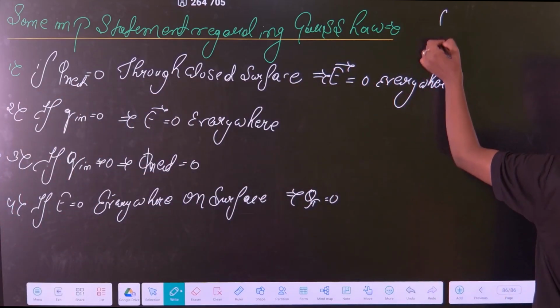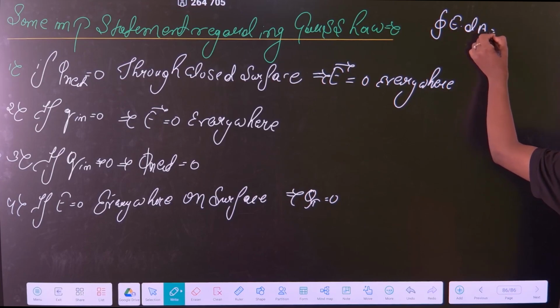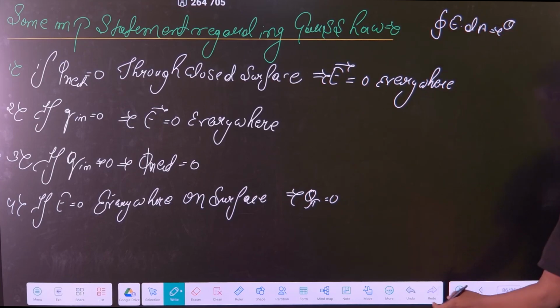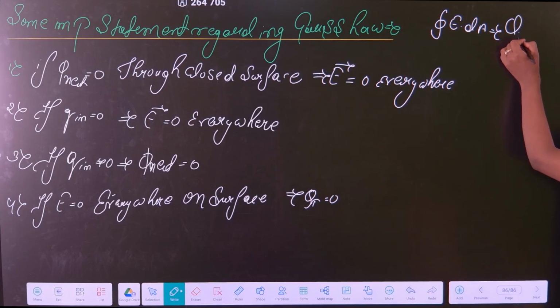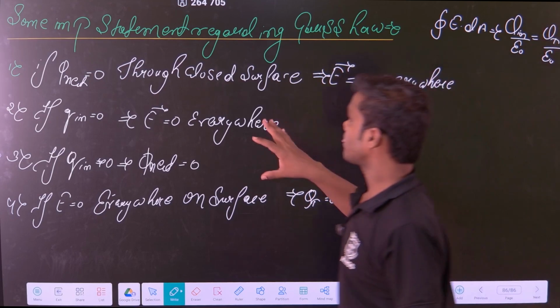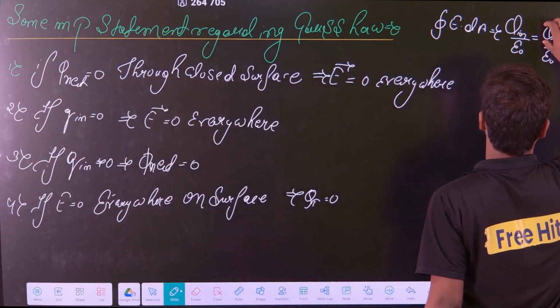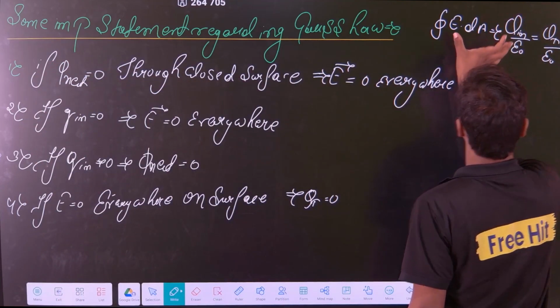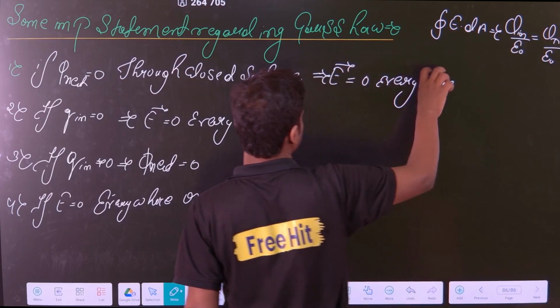Gauss law statement is the closed integral of E dot dA is equal to Q enclosed by epsilon naught, or you can write total charge also by epsilon naught. That is the total internal charge, obviously. So if Q net is 0, that means this quantity is 0. So does it imply that E field is equal to 0?